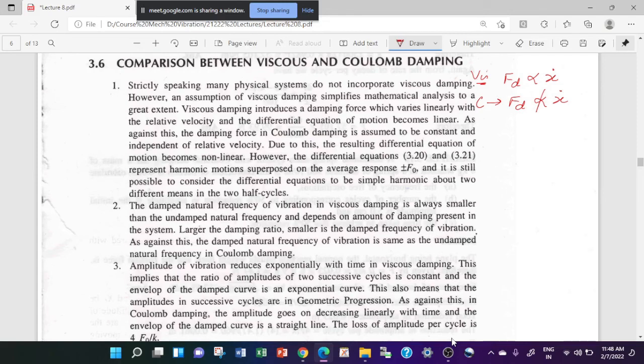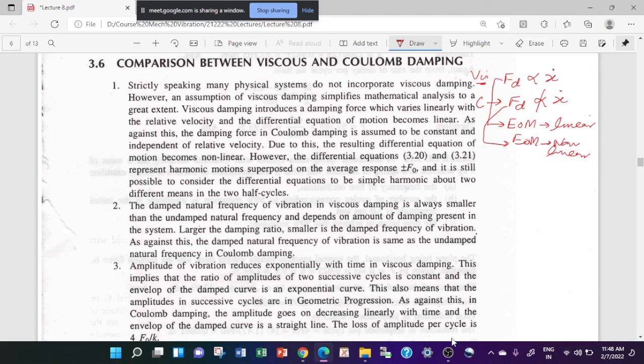Because of this reason, the equation of motion is linear in viscous damping. In Coulomb damping, the equation of motion is non-linear. This is the first difference. And here you can see that the differential equation is non-linear, but we can consider the equation linear by having two half cycles considerations.